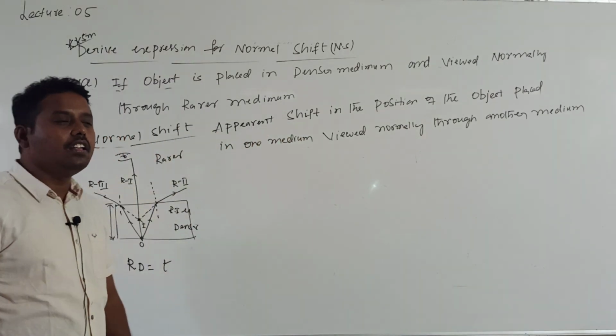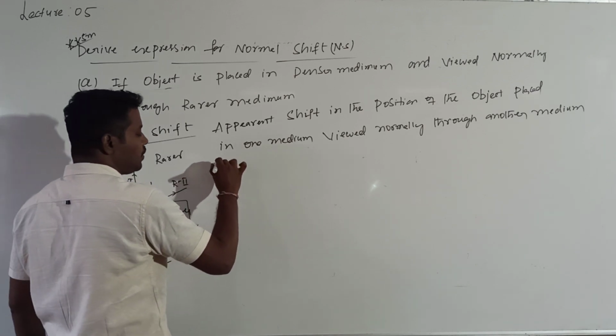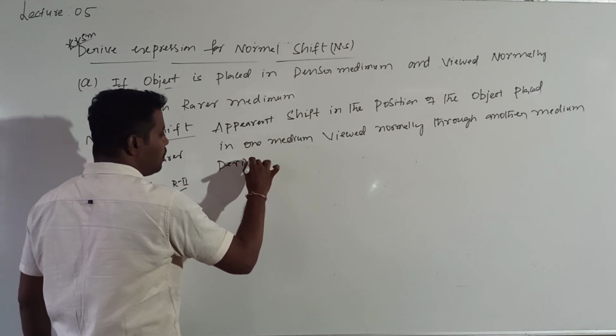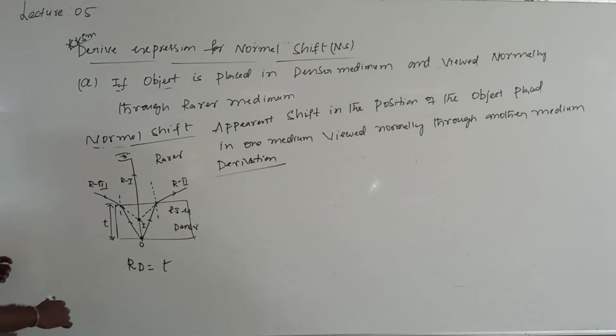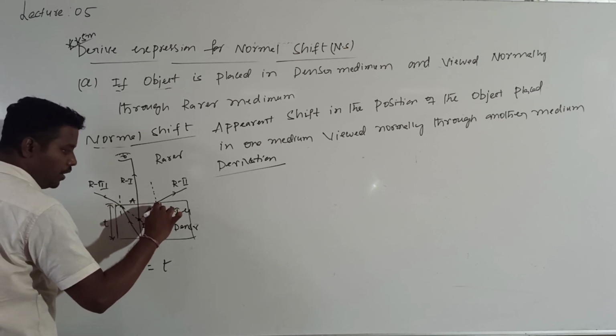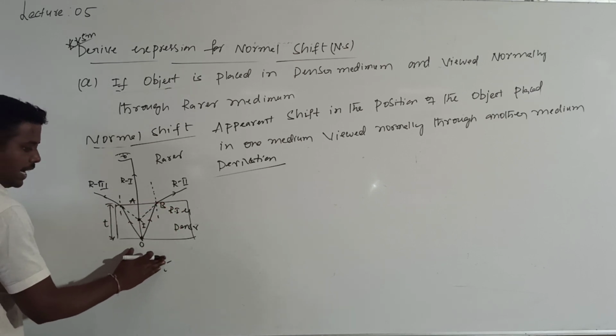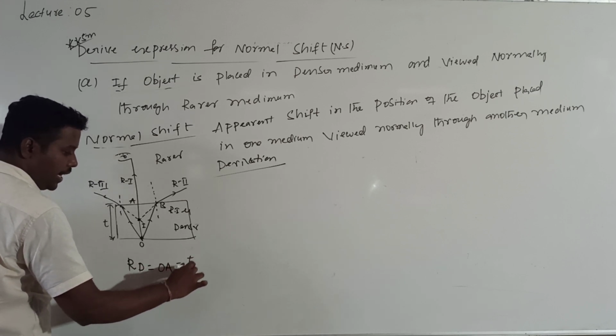Are you getting it? So now we want to derive the expression. Derivation for normal shift. You can see, what is the real depth here? Let me call this point on the surface A and this point B. The real depth is given by OA, so OA is equal to t.